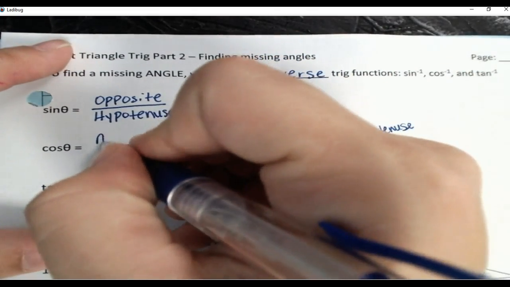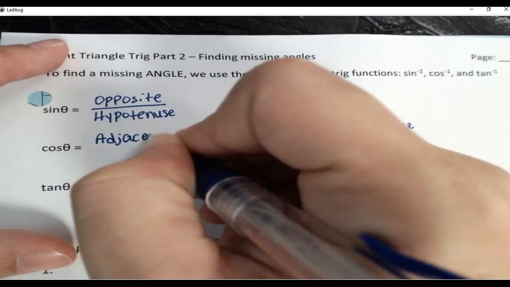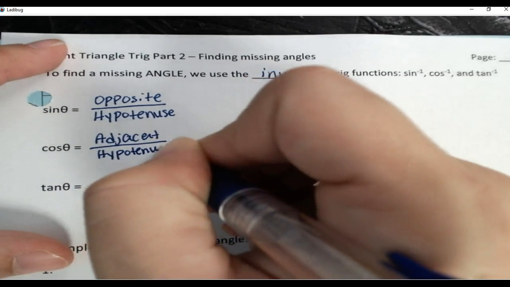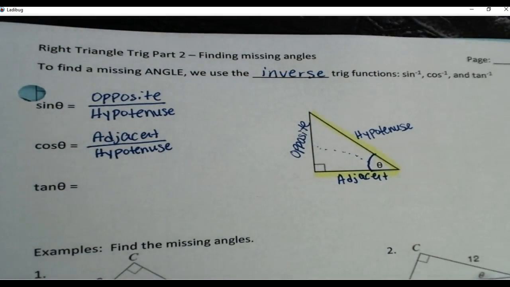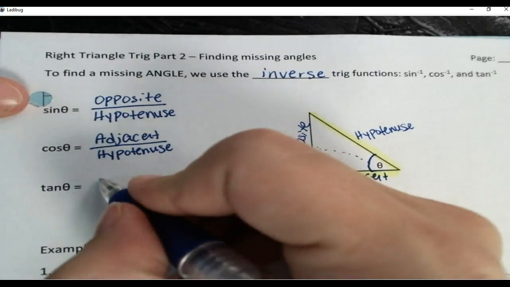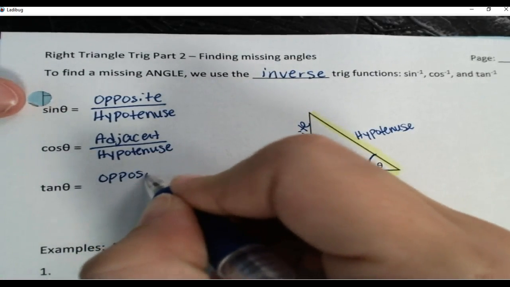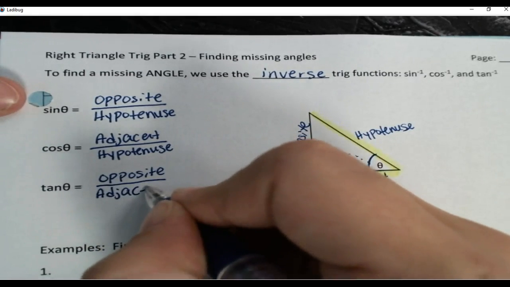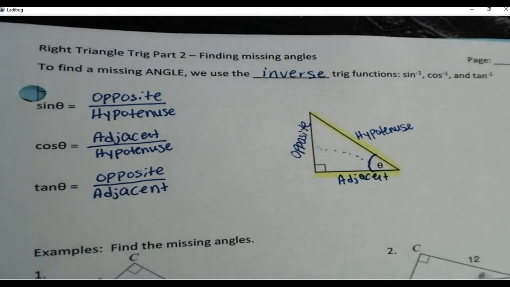Cosine is adjacent over hypotenuse. Tangent is opposite over adjacent. So oh heck, another hour of algebra. Okay. Same thing as yesterday. Any questions though?